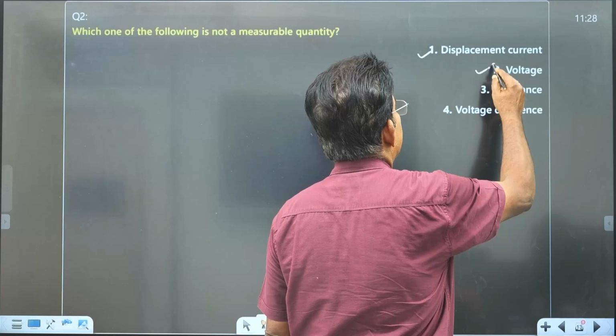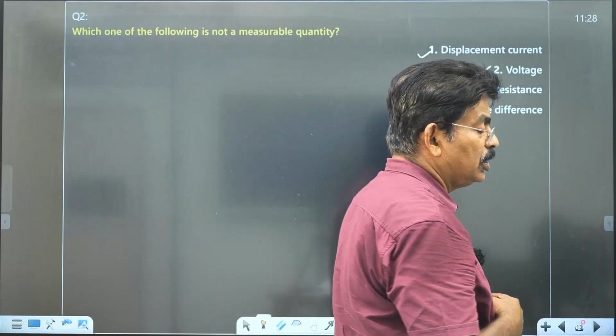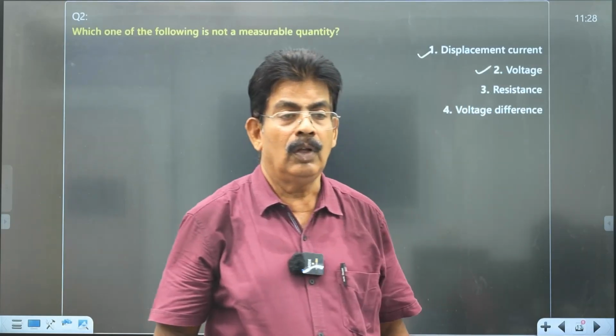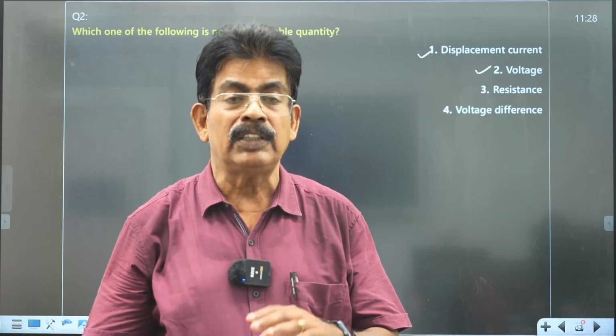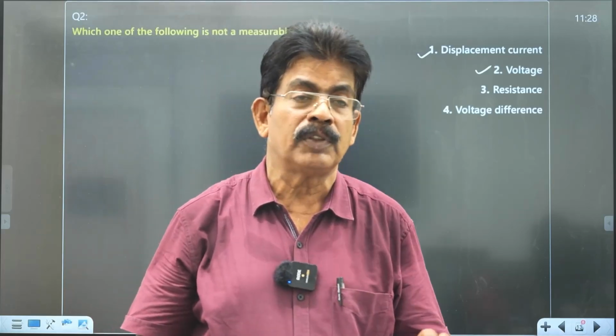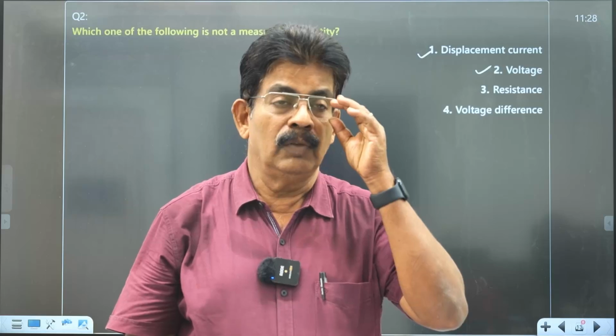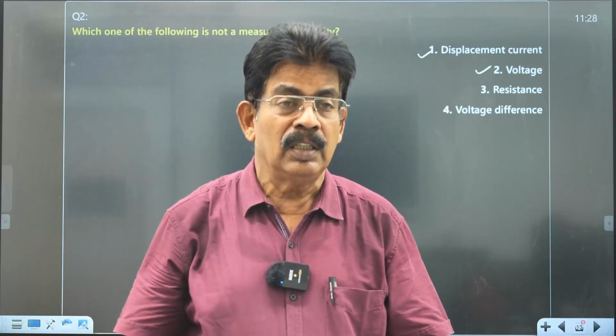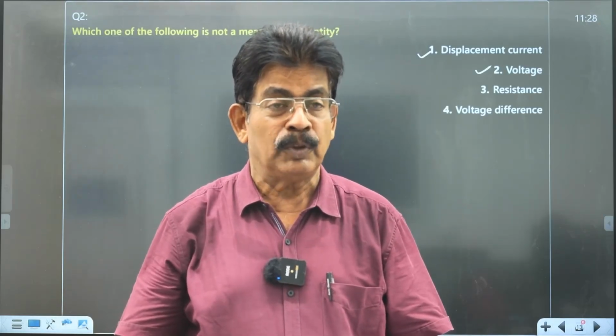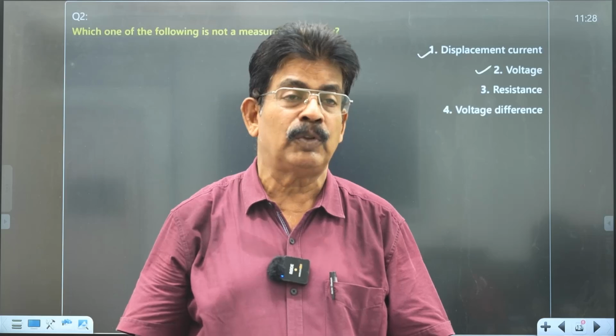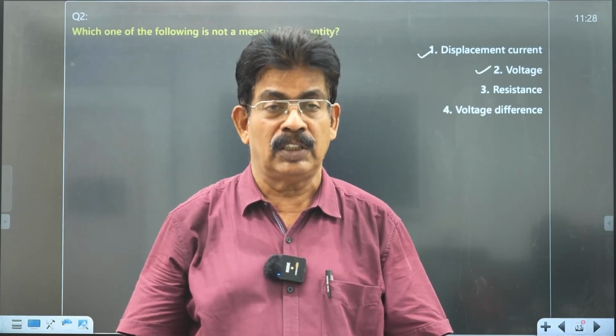And voltage or potential. You know, we can talk about the potential of a point with respect to a reference point. A voltmeter measures potential difference, not directly the potential.